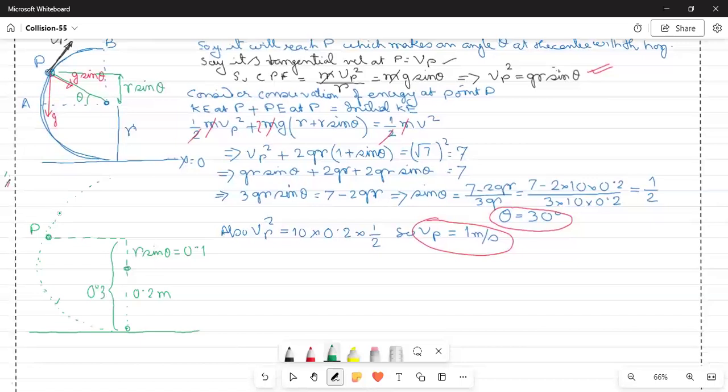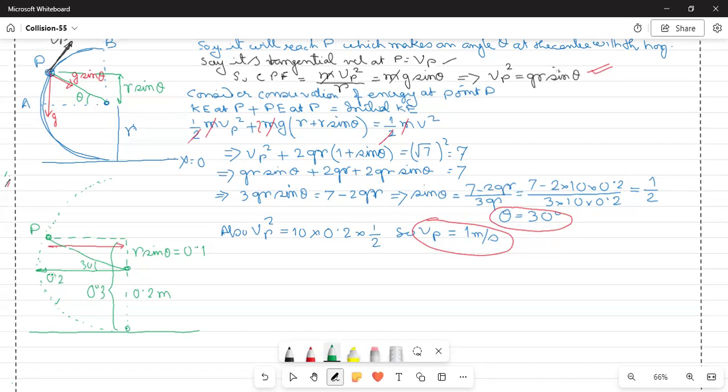Now, at this point P, this angle was 30 degrees, and this radius was R, 0.2.